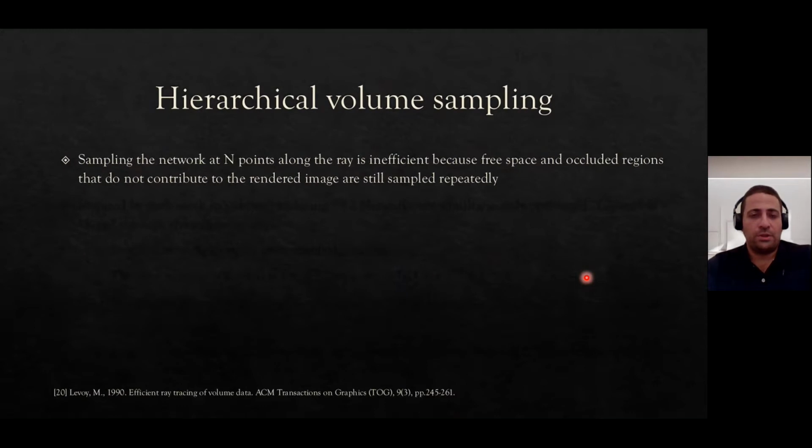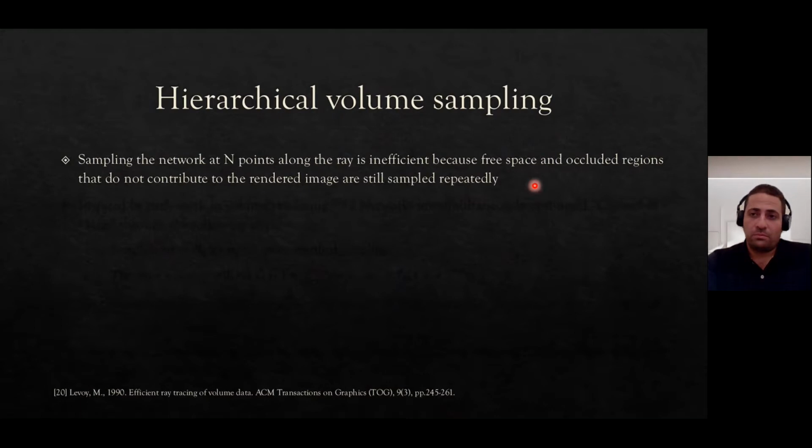Now, the second optimization is hierarchical volume sampling. This is actually pretty smart. Sampling the network at N points along the ray is inefficient because there is a lot of free space and occluded regions. They do not contribute much to the rendered image, but they are still sampled every time we do an optimization step.